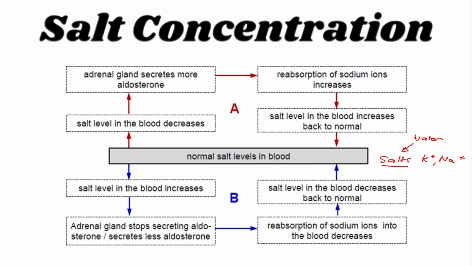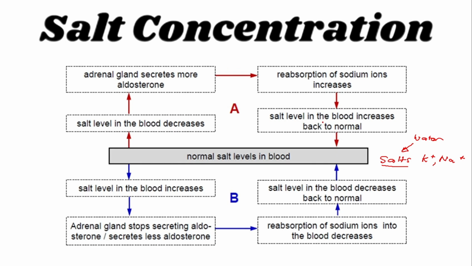So your blood is going to reabsorb more sodium ions, and salt level in the blood will increase, and it will basically cause it to balance out again. Okay, so think of it this way: if salt level in the blood increases, or if the reabsorption of sodium ions increases in the blood, it's going to attract more water. So water and salt have a relationship.